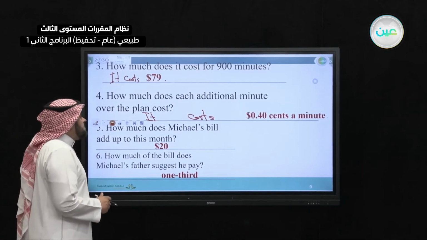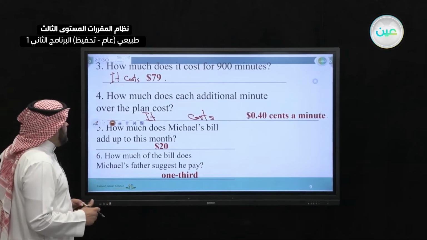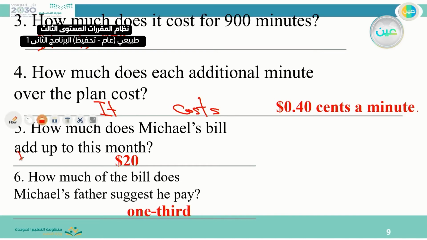How much does Michael's bill add up to this month? We can say here, we are referring to now who? To Michael, or Michael's bill. Not he, sorry, because we're talking about Michael's bill. So we say here, it adds up to $20 this month.